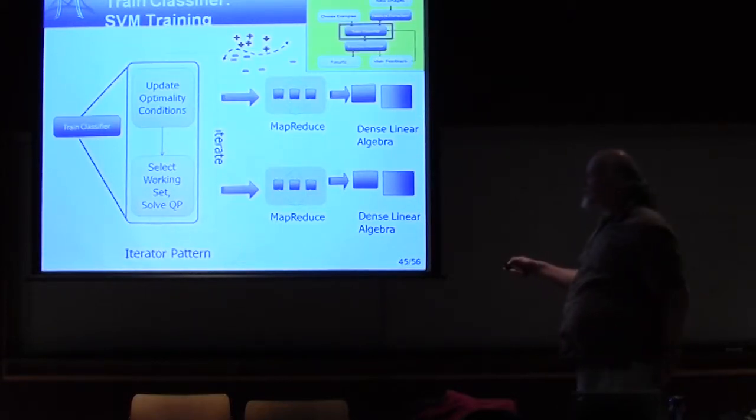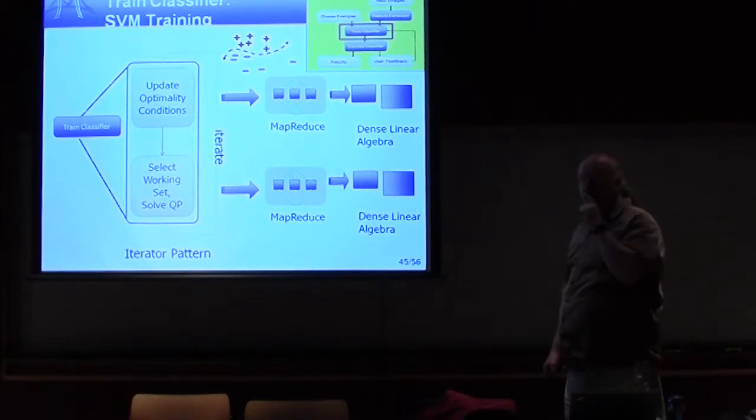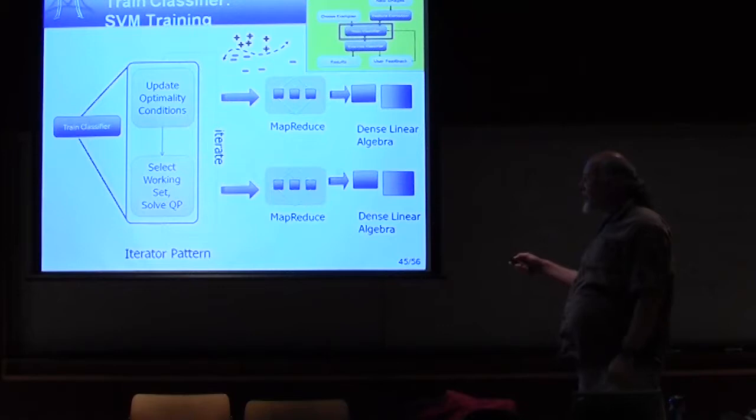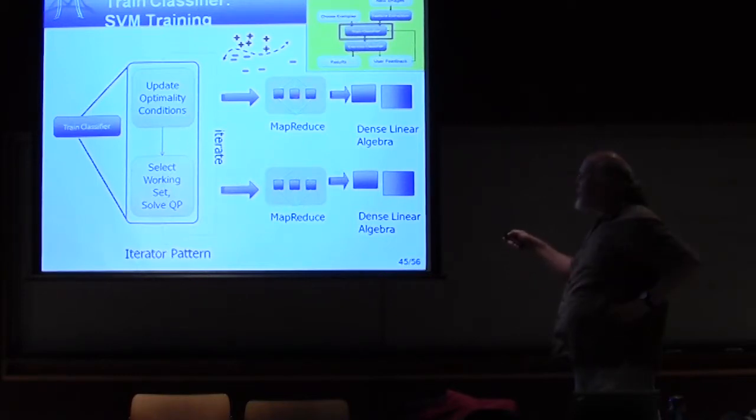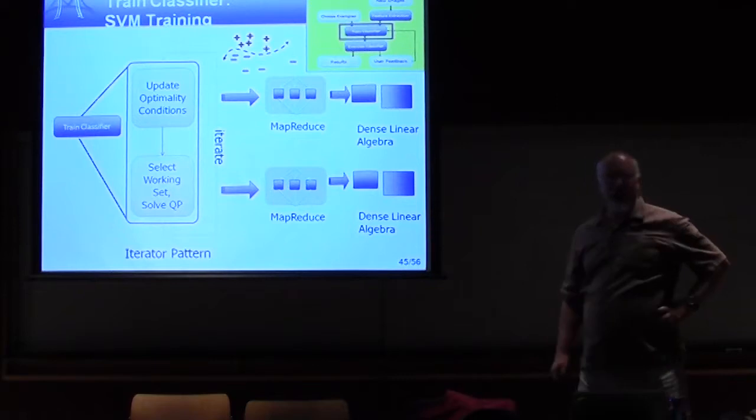So this is true life, as we're training the classifier for a support vector machine. Jason mentioned machine learning. This is kind of the core of machine learning. We update some optimality conditions, we select a working set, we solve the quadratic programming associated with that, and then each of these, as I went through in lecture 5, breaks into a map reduce, and the basic mapping operation in here is dense linear algebra.